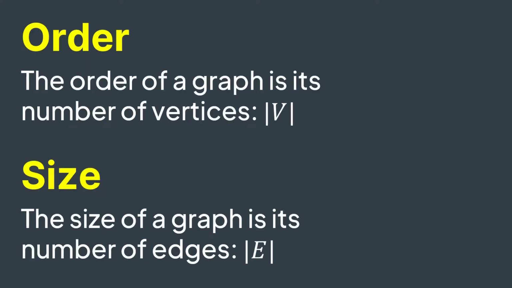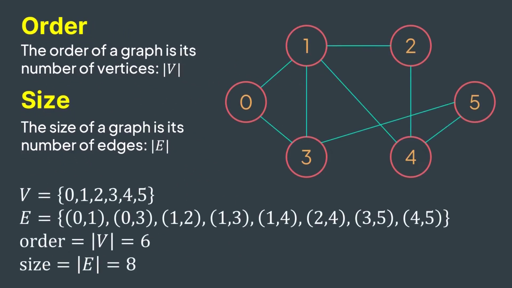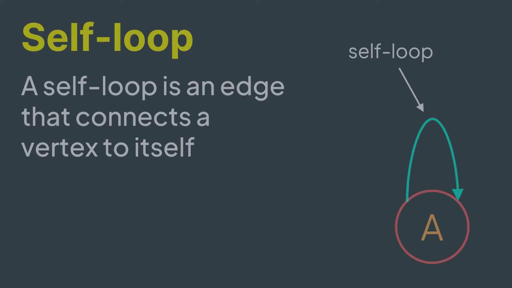The order of a graph is its number of vertices, and the size of a graph is its number of edges. For example, this graph has an order of 6 and a size of 8. Next term, self-loop. A self-loop, also named loop, is an edge that connects a vertex to itself, like in this example.